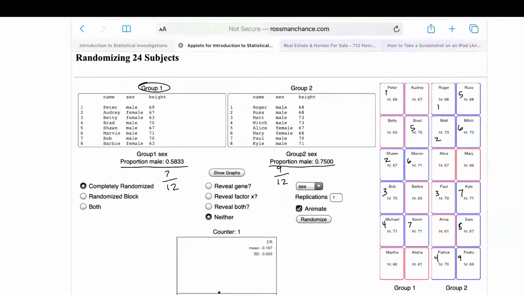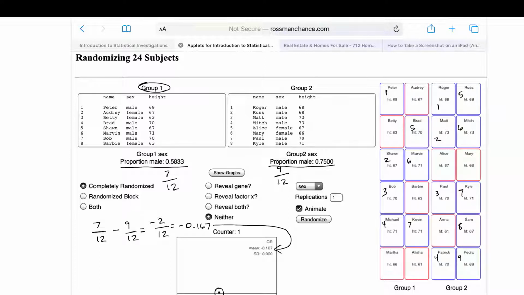Now, what the computer also did is it computed the difference in sample proportions. So the group 1 proportion minus the group 2 proportion, that is 7 minus 9 is negative 2, and negative 2 out of 12 is negative 0.167, and that is right now the value of the mean, and the dot that's in the plot is at negative 0.167.